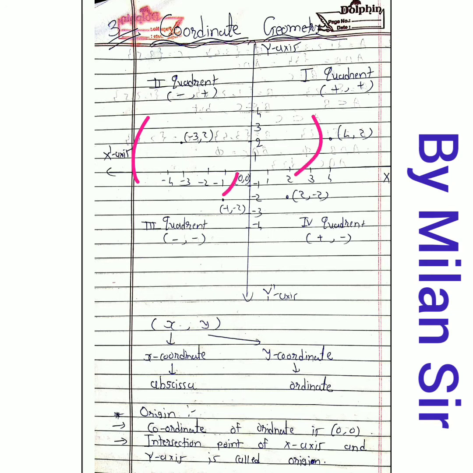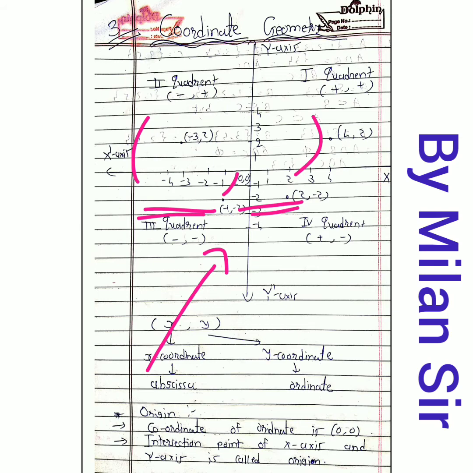Here we need to give one value and here one value, so a total of two values are required. We have two axes, x-axis and y-axis, right? Here we need to write the distance of a point from the x-axis and from the y-axis.